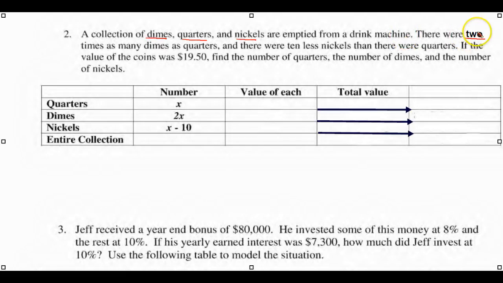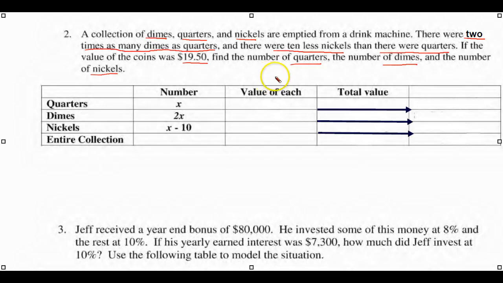Our book had an error there, but I've corrected it. There were 2 times as many dimes as quarters. And there were 10 less nickels than there were quarters. If the total value of the coins was this, find the number of quarters, dimes, and nickels.